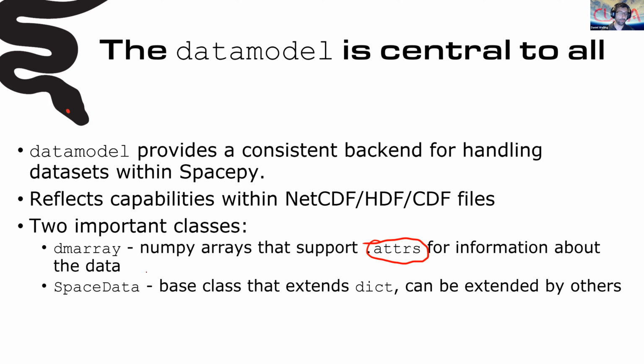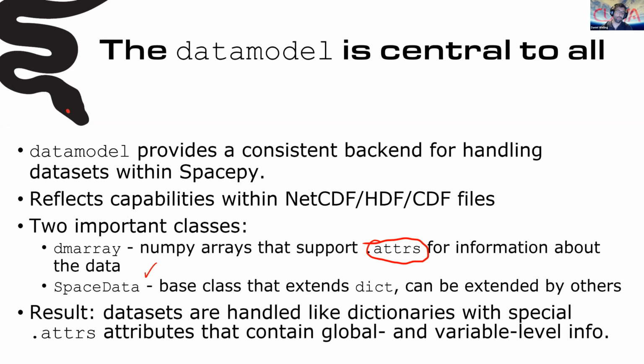Then we have the SpaceData class, which subclasses dictionaries and allows us to organize dmarrays together and have global level attributes. So the net result of this is that data sets are handled like dictionaries, which is very comfortable for Python people, with these attrs object attributes to contain both global and variable level info and allow us to organize things and keep track of things a little cleaner than you normally would.